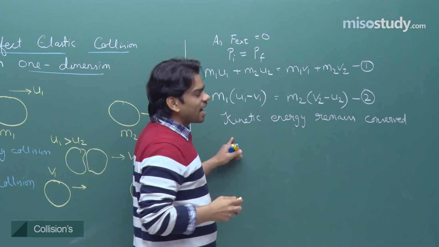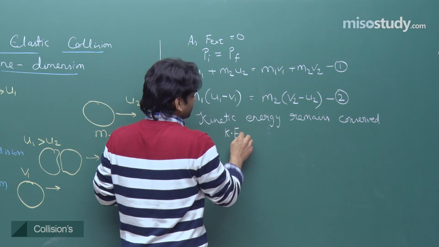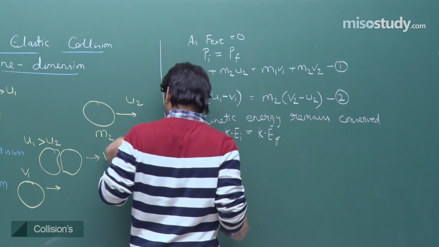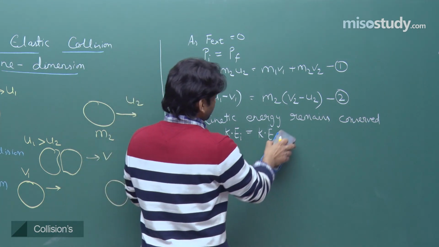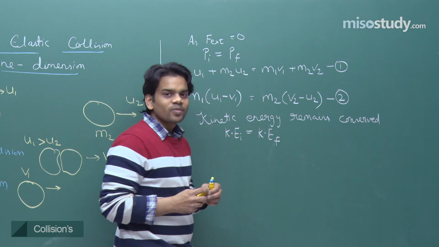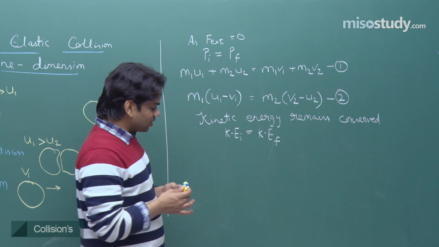So if I conserve the kinetic energy, initial kinetic energy will be equal to final kinetic energy. Not a big problem to write this. Can we equate the energies on both sides?